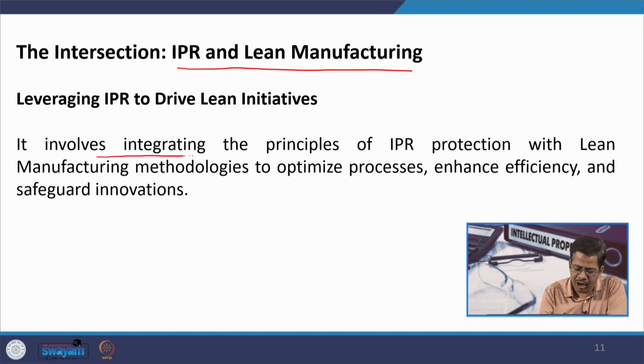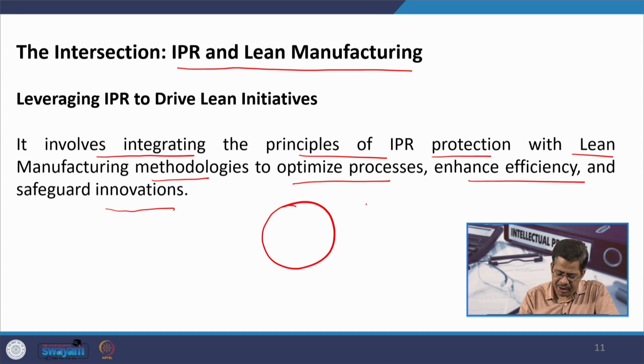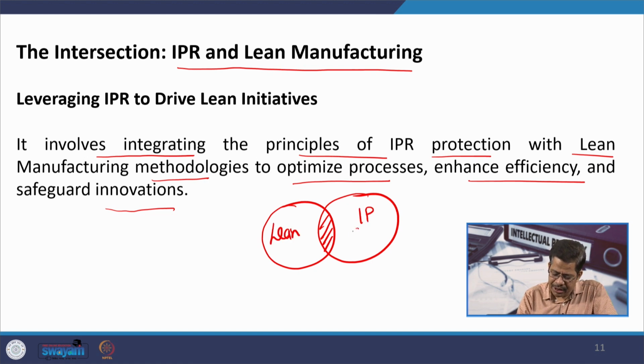It involves integrating the principles of IPR protection with lean manufacturing methodologies to optimize processes, enhance efficiency, and at the same time safeguard our innovations. So, your lean process and IPR, if we follow this system, that this is lean, this is IP ecosystem, when there is a proper intersection, it will help you in increasing the efficiency.